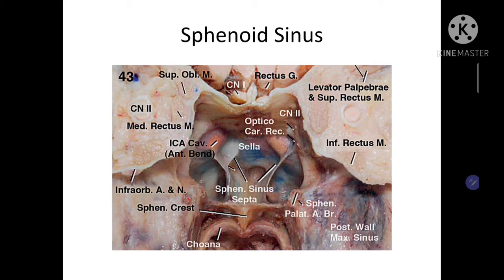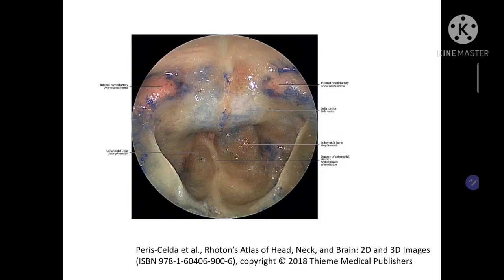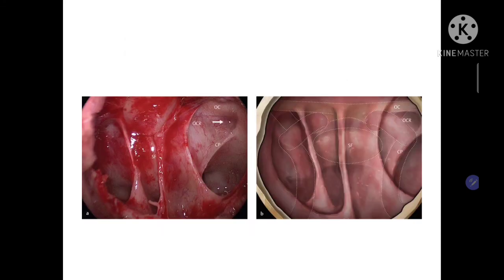Remember, the posterior, let's call it like a posterior door here, the choana. Usually we have 1 centimeter superior to the choana the ostium of the sphenoid sinus here, like a little foramen, to communicate with the sphenoid sinus. Another view here of the inside of the sphenoid sinus.